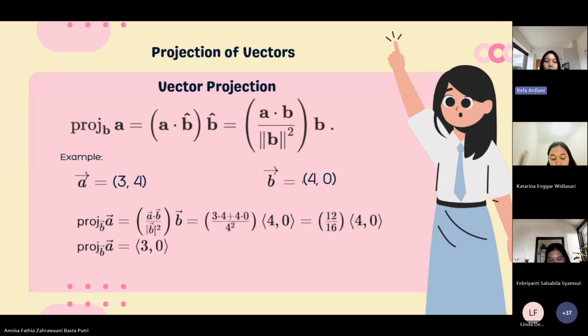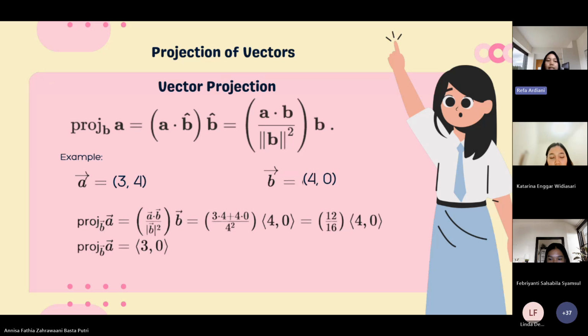For the example, vector A equals 3, 4 and vector B equals 4, 0. First, calculate the dot product of vectors A and B. 3 times 4 plus 4 times 0. 3 times 4 is 12, and 4 times 0 is 0.